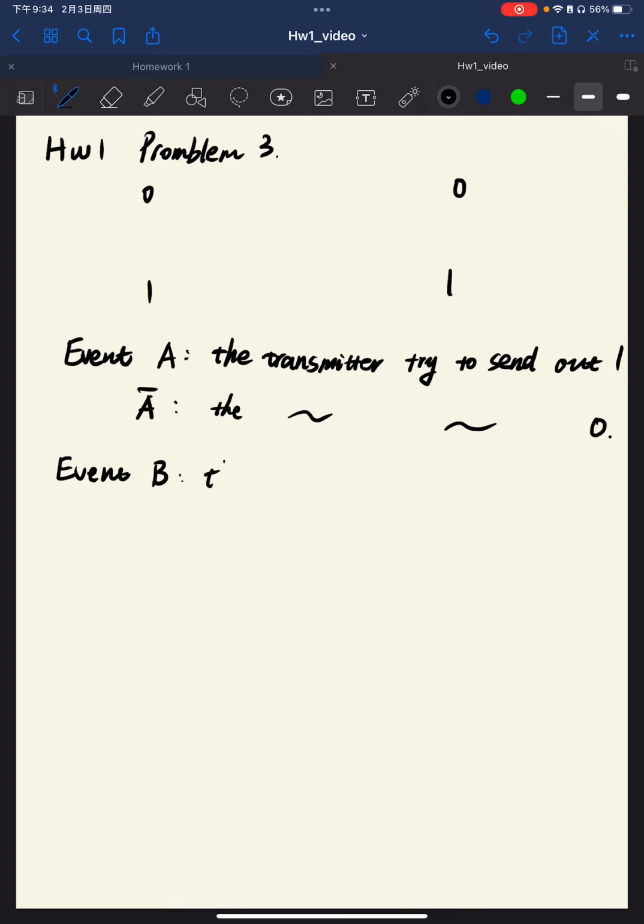Now we can suppose there's an event B, that the receiver receives the digital signal 1, and B complement is that the receiver received the digital signal 0. But when we read the questions, we don't know what exactly the probability of B and B bar is.